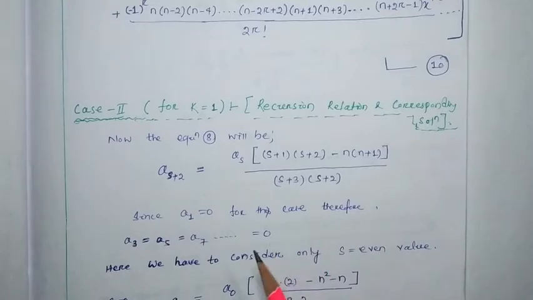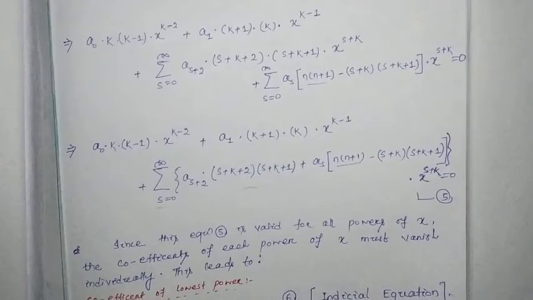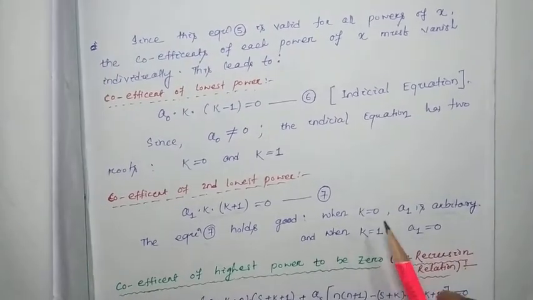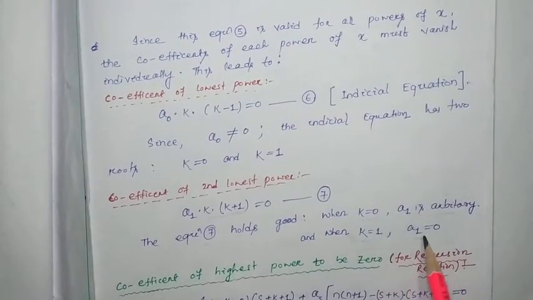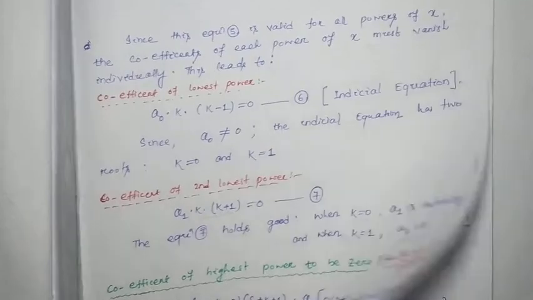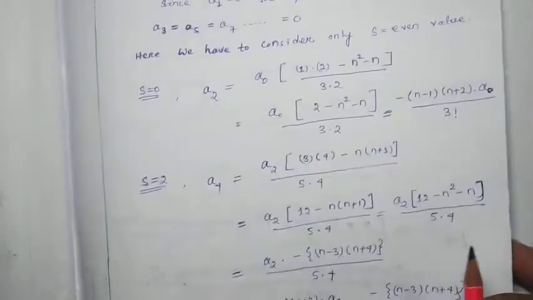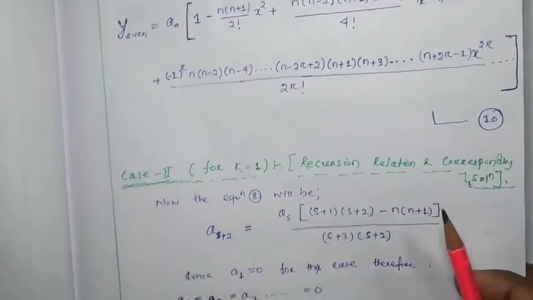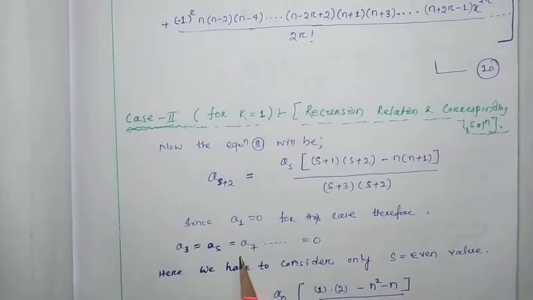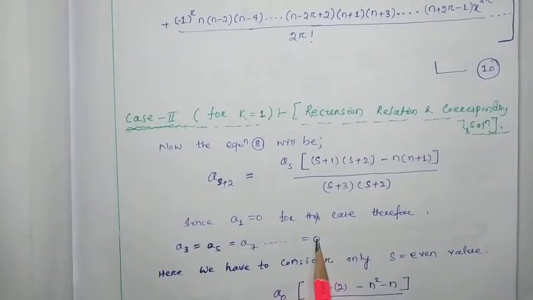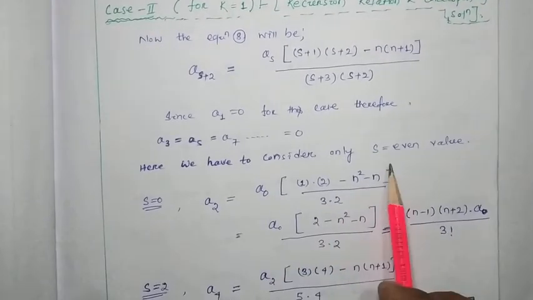For this case, when k is equal to 1, a1 is 0, as we already found. If a1 equals 0, then all the odd coefficients, that is a3, a5, a7 and so on, will be equal to 0. Now we have to consider only s equal to even.